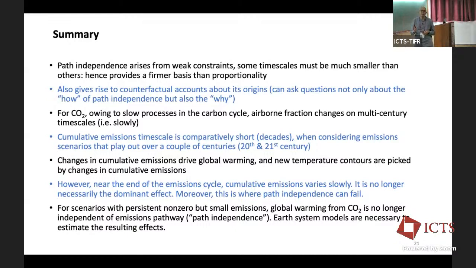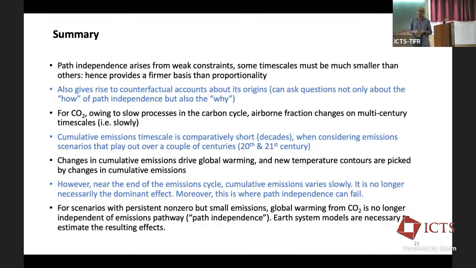So global warming in 2100 from pre-industrial times will be some function of cumulative emissions until 2100. And so we're interested in global warming and cumulative emissions on century timescales. But that in turn is influenced by the disparity in the timescales between cumulative emissions and the airborne fraction.